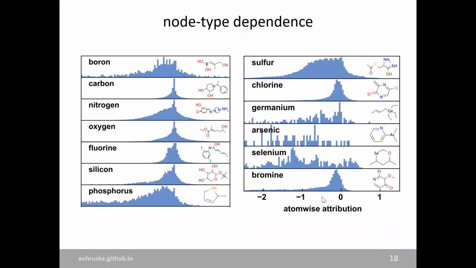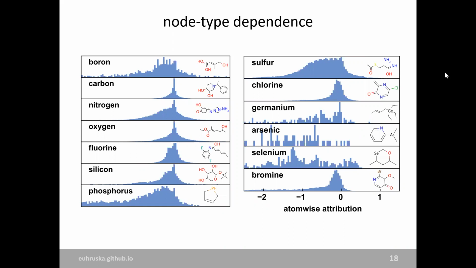From the chemistry aspect, I found it interesting to look at different node types. For each different type of atom, like boron, carbon, nitrogen, I looked at the histograms of these attribution values, and it's immediately visible that the different atoms behave very differently.